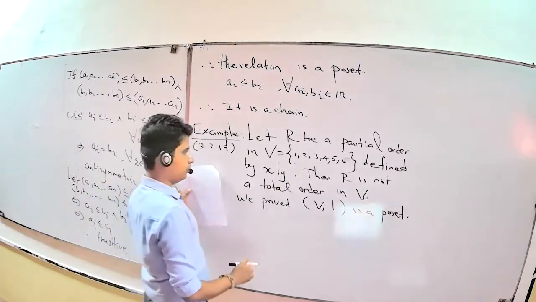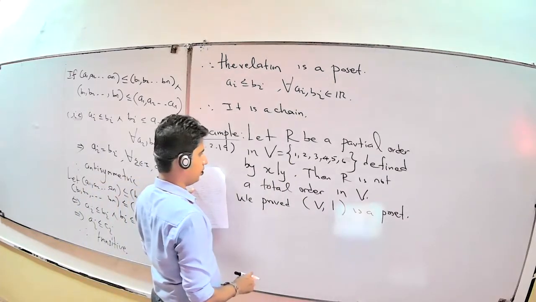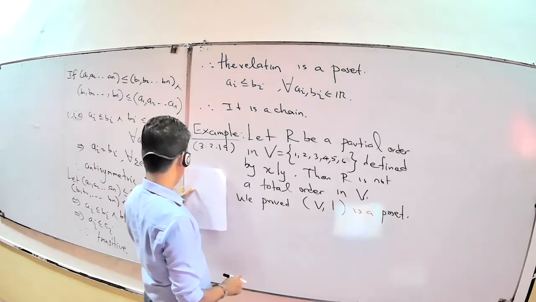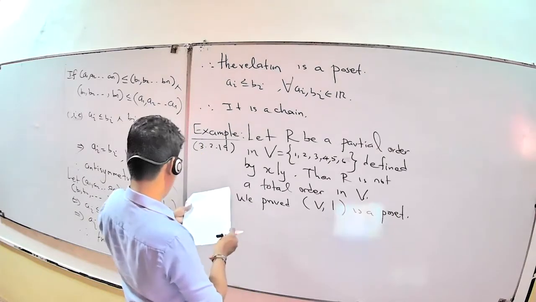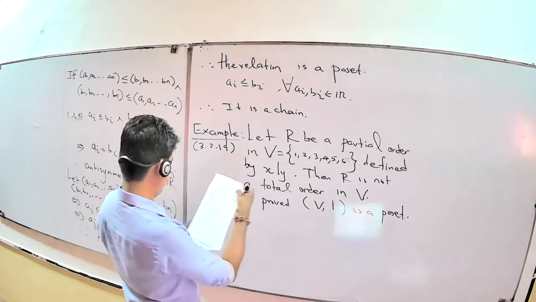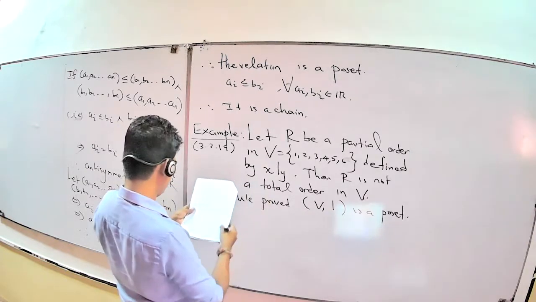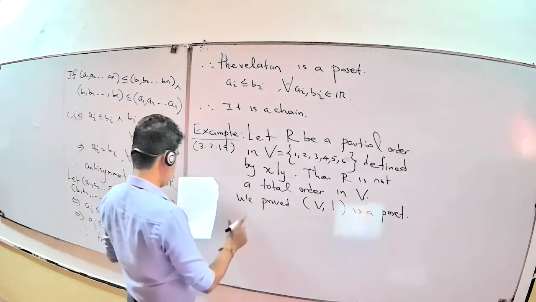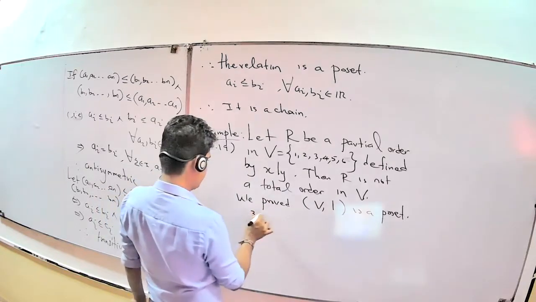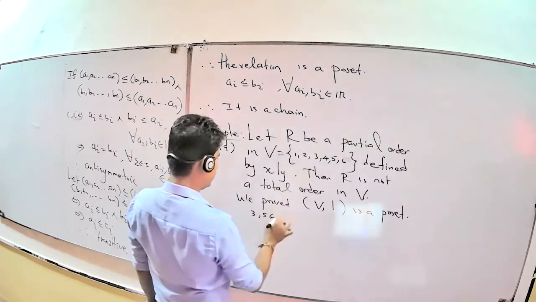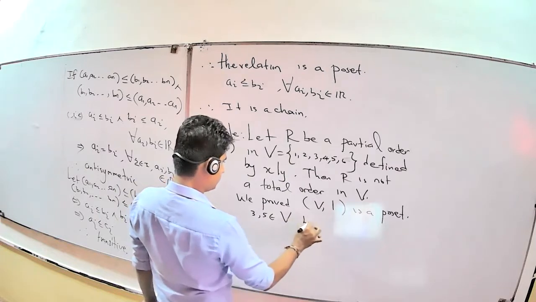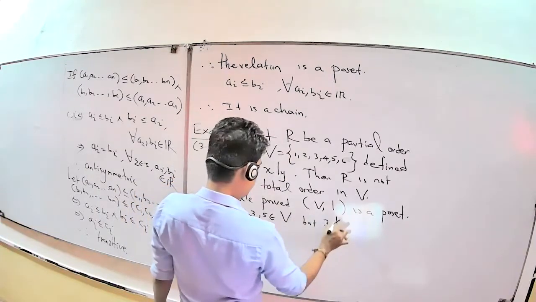It's a poset, and now you take two elements which are not comparable. Therefore, you can say that it is not a totally ordered set. Here you can take two arbitrary elements, 3 and 5, belonging to this set V. But 3 does not divide 5.